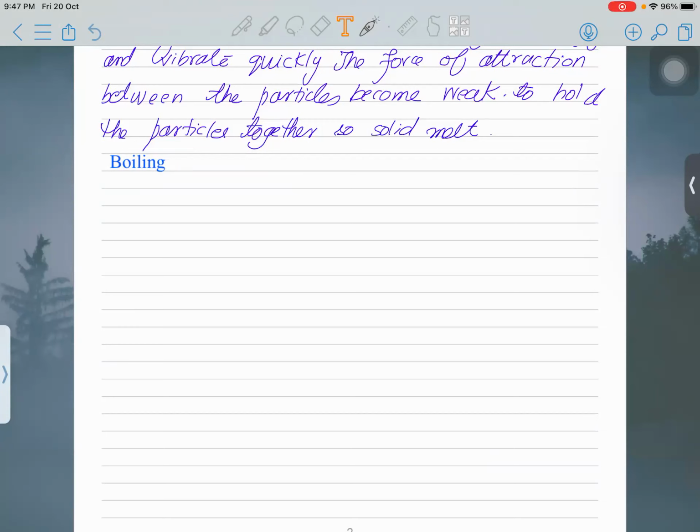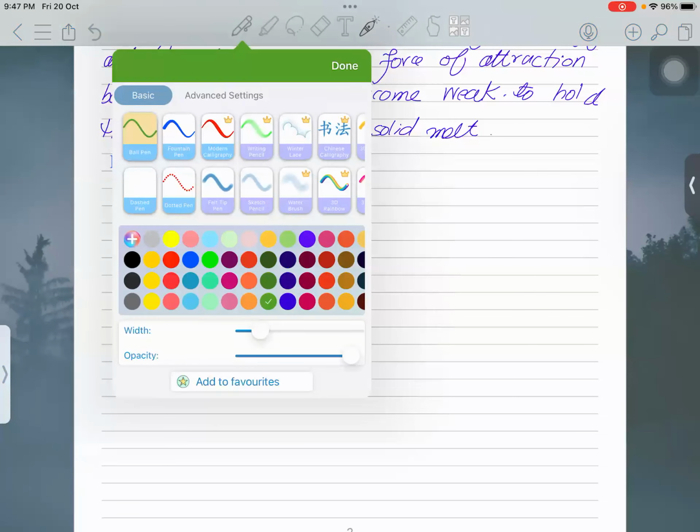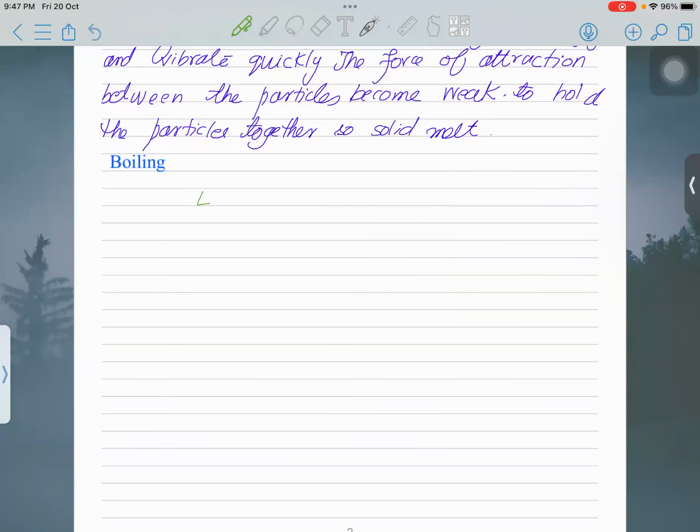Now, the next topic is boiling. When you heat a liquid, let's suppose you have liquid, it converts into gas.